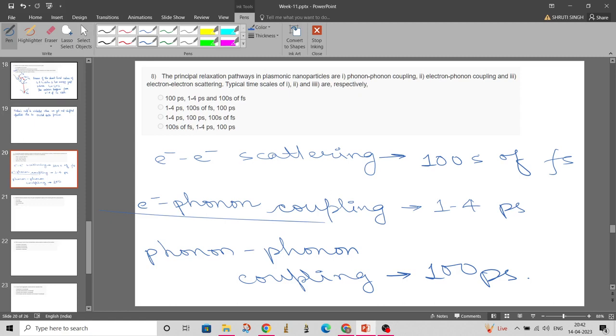So the fastest one is electron-electron scattering.